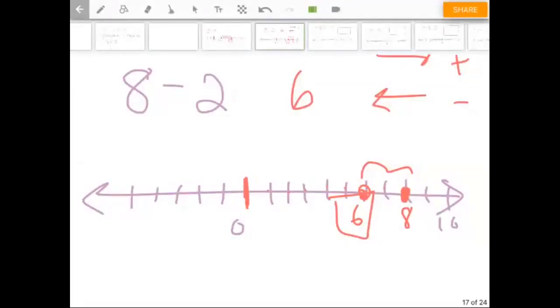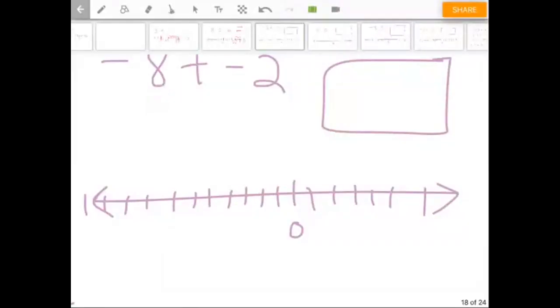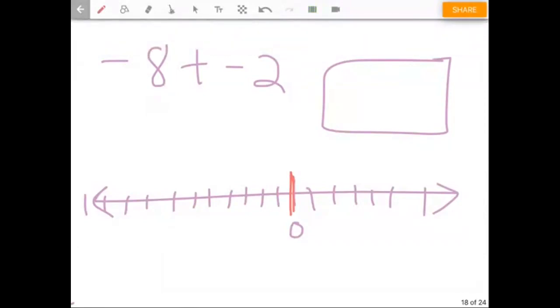So now that idea of using a number line can be helpful when we're going to talk about negatives, adding, subtracting, positive, and negatives. So if we have -8, we're going to plot -8. So remember, negative numbers are always below 0. So 1, 2, 3, 4, 5, 6, 7, -8. And we want to add -2 more. So another way to think of adding -2, that's the same as doing what?